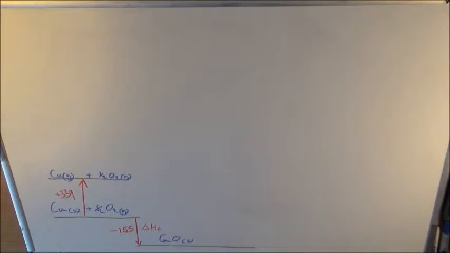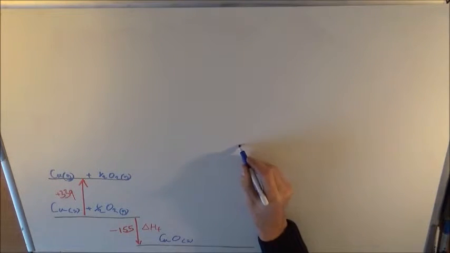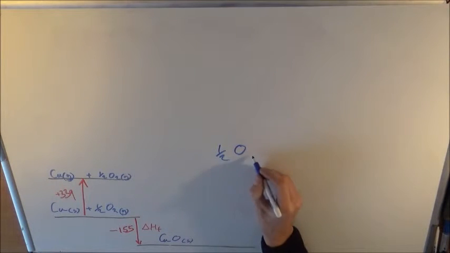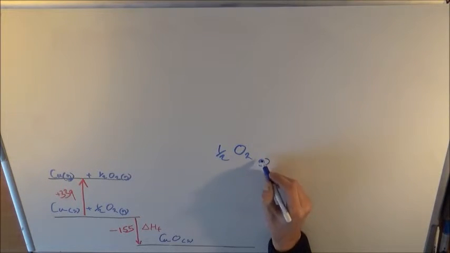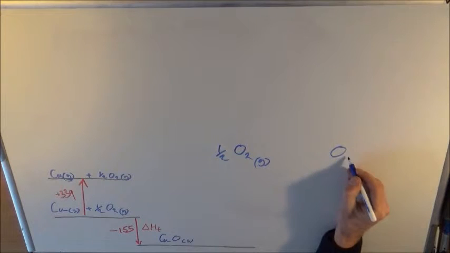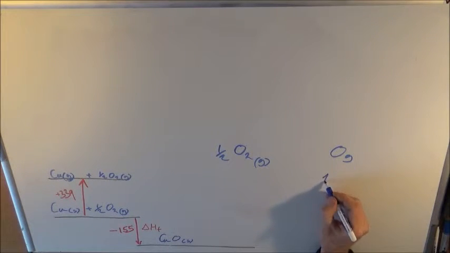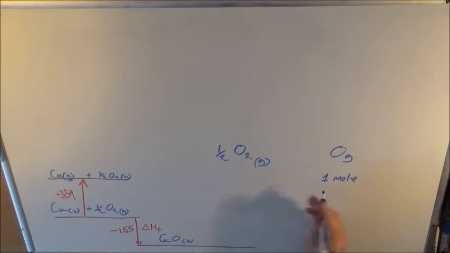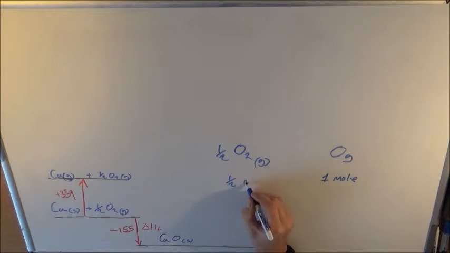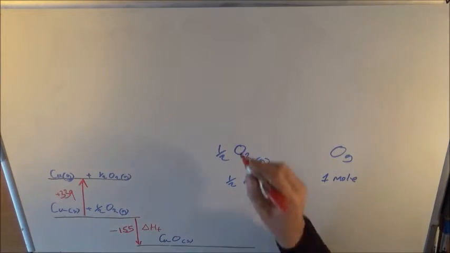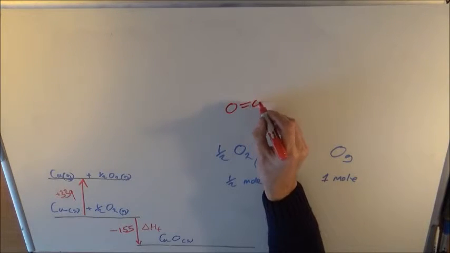Now you may think, what's the difference between half of an O2 in the gas state and an O atom in the gas state? But you've got to remember that these equations are for a mole, so that would be 1 mole, that would be half a mole. Let's draw a little picture of this. There's an O2 molecule.